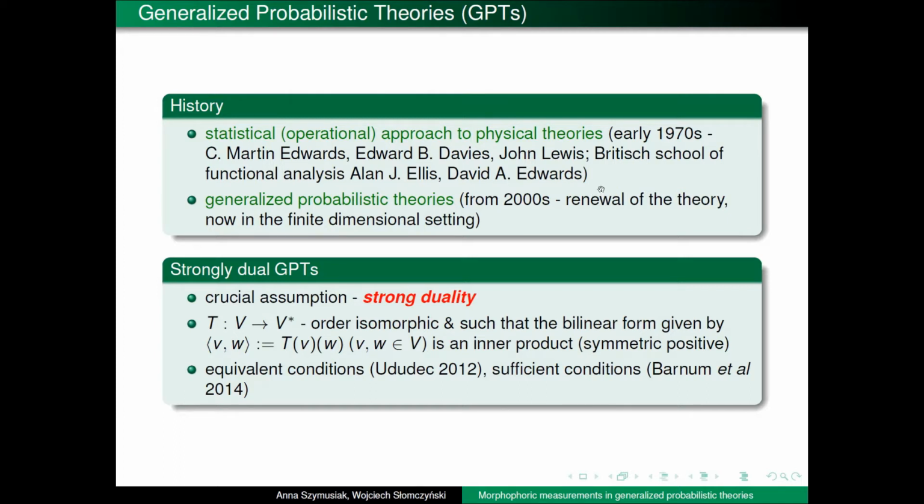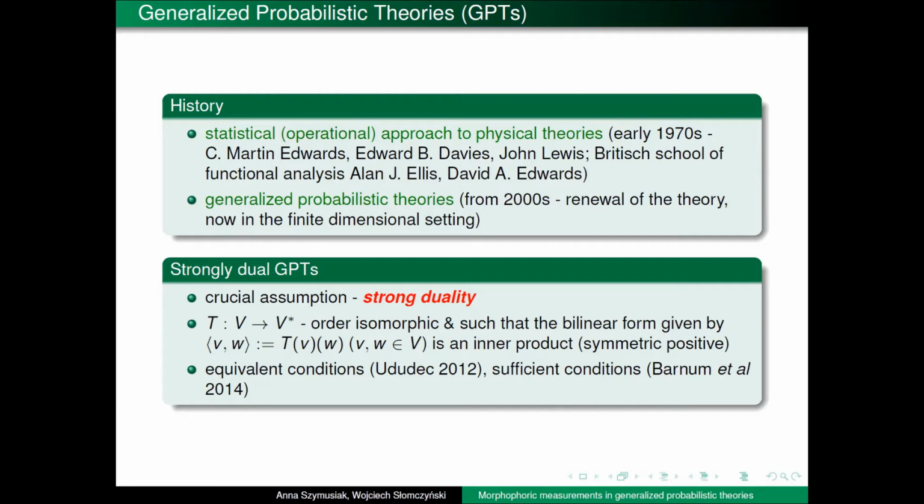From the beginning of the 21st century, there is some renewal of this theory, now rather in the finite dimensional setting and under a different name, generalized probabilistic theories.